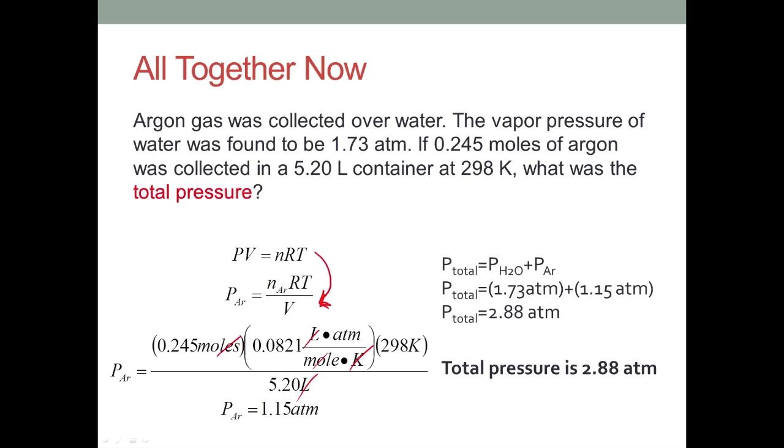It's very important you show units here to get our pressure. And now we have the pressure of argon. Then using partial pressures, because the total pressure is the sum of each gas's individual pressure, we're going to sum the pressure of water and the pressure of argon to get a total pressure of 2.88 atm.